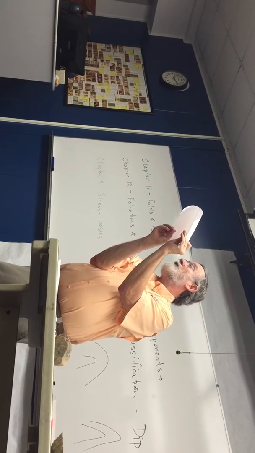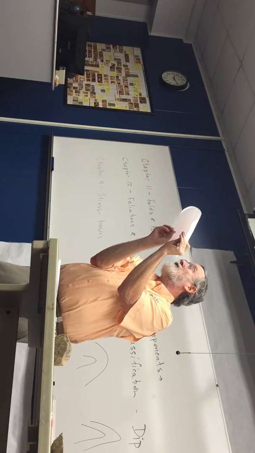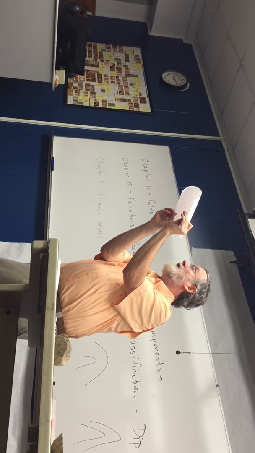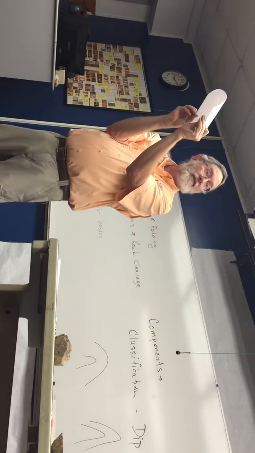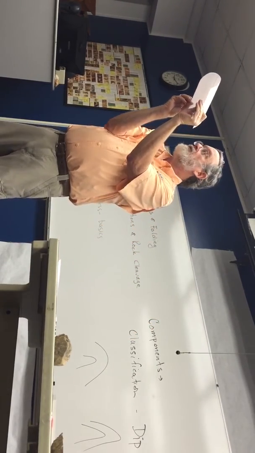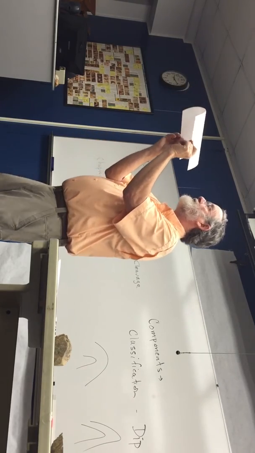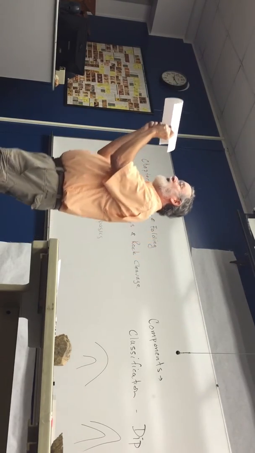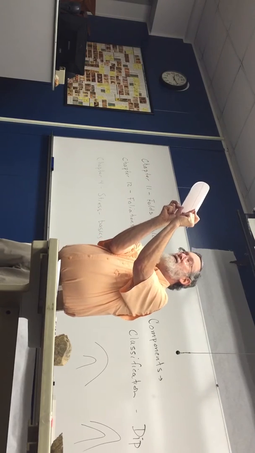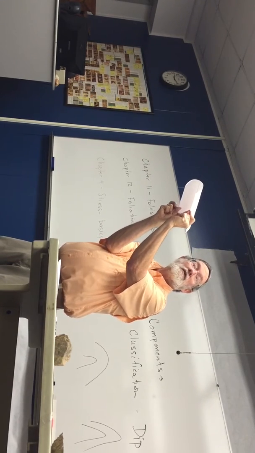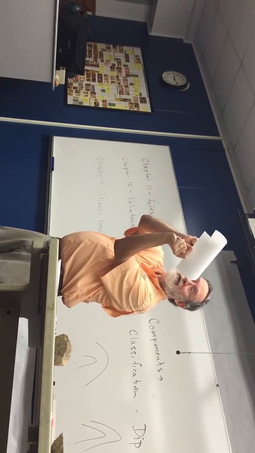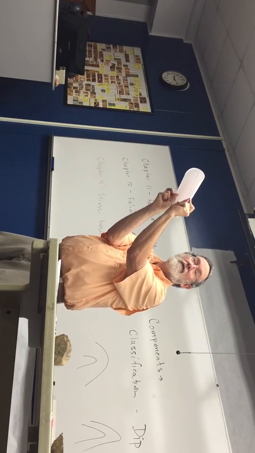Hinge line still horizontal, but the hinge surface is inclined now. And oddly enough, we're going to call that an inclined fold. Geologists aren't terribly imaginative. So here we have an inclined fold, hinge line horizontal, hinge surface dipping. Doesn't matter if it's dipping that way or that way, it's still inclined.